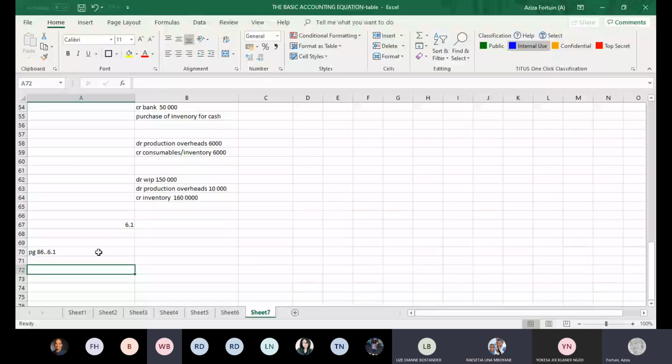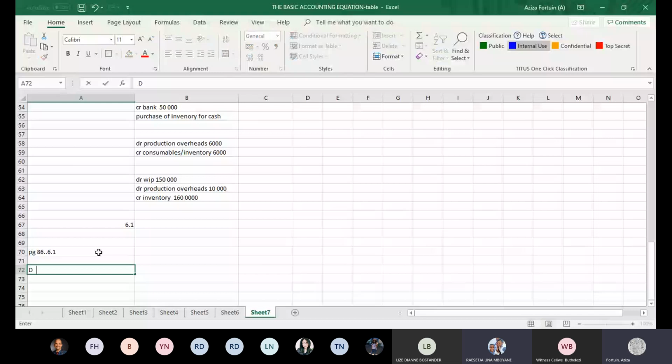The purchase transaction according to the perpetual system: we debit inventory and we credit trade creditors. What would we narrate? Purchase of inventory on account.